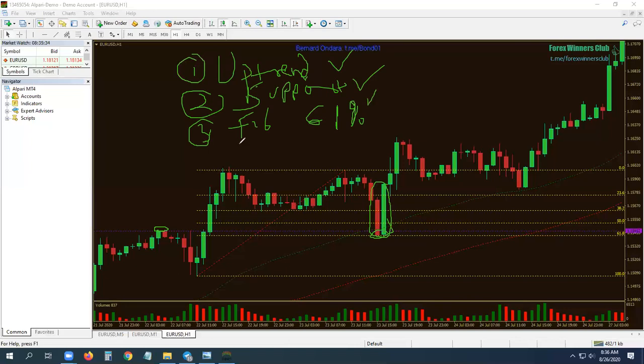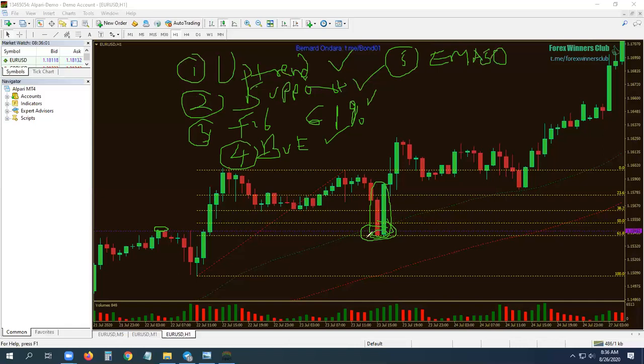Reason number four, our pattern here, bullish engulfing. Our bullish engulfing tells you to buy. Reason number five, we have EMA 50 acting as dynamic support.